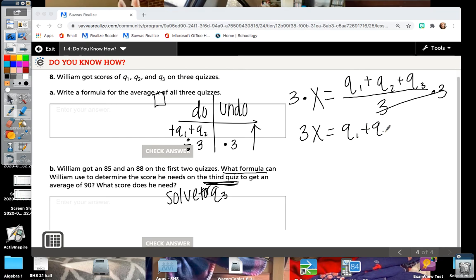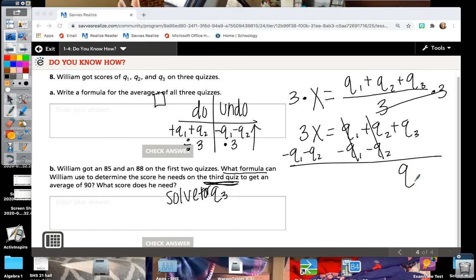Bring everything else down. And then instead of adding Q1 and Q2, we're going to subtract Q1 and Q2. So Q3 equals 3x minus Q1 minus Q2. So that's your formula for Q3.